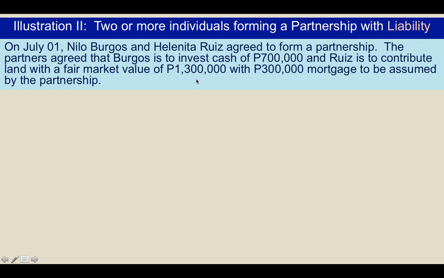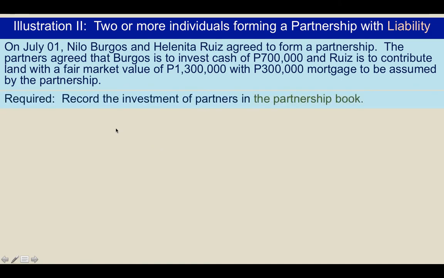Okay, what happened on this is that Ruiz has probably secured a loan from the bank, and is pledging or mortgaging the land as collateral for the loan. So here, what is required is to record the investment of partners in the partnership book. So we are not going to make any adjustments or recording in the individual or personal records of Nilo Burgos or Helenita Ruiz.